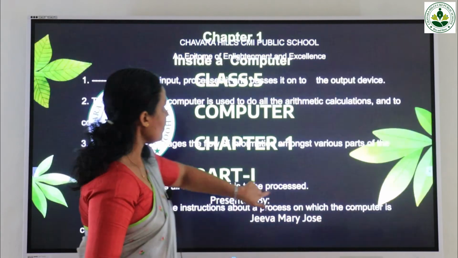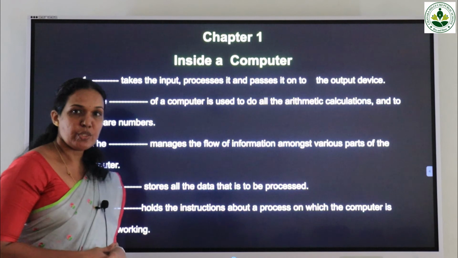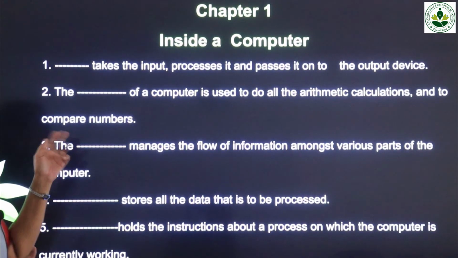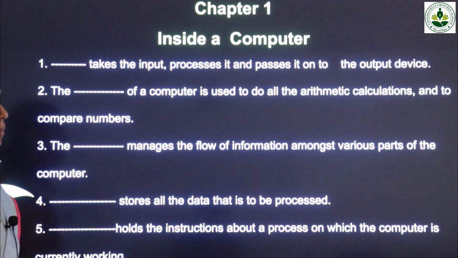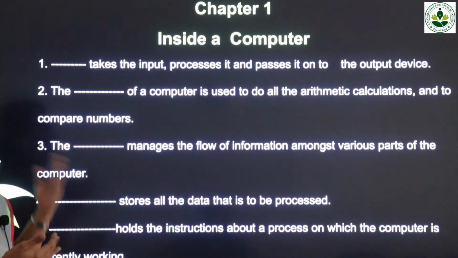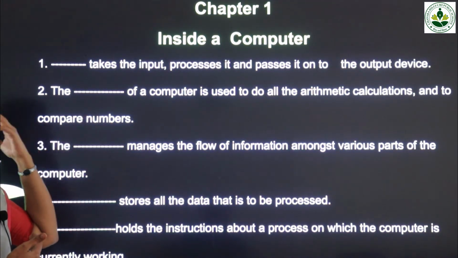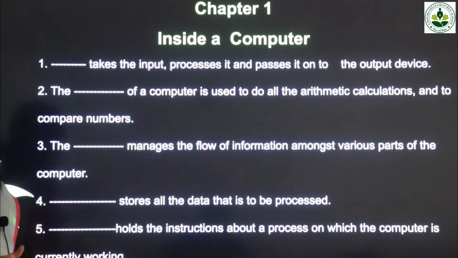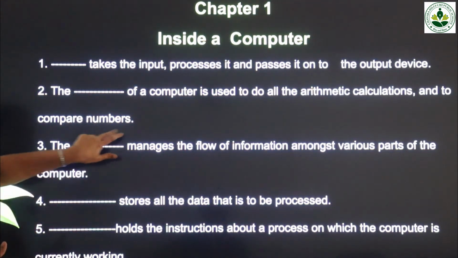Okay. So here are some questions for you. First one, dash takes the input, processes it and passes it on to the output devices. What takes the input and processes it and passes it to the output devices? It is the CPU.